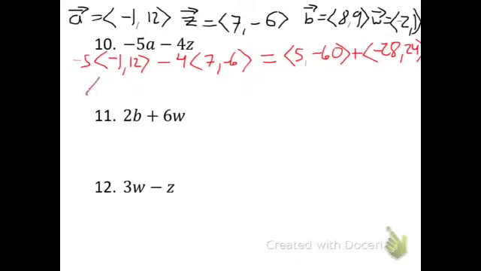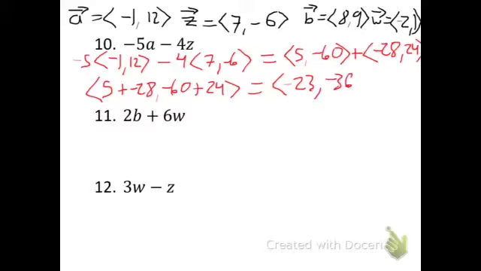We need to now combine the components there. 5 plus negative 28 is negative 23, and negative 60 plus 24 is negative 36. And there's your final answer there.